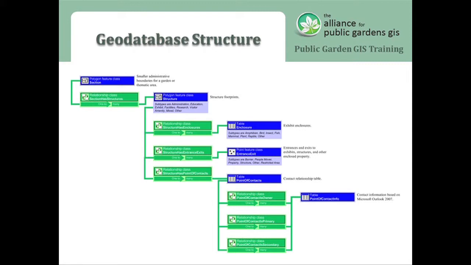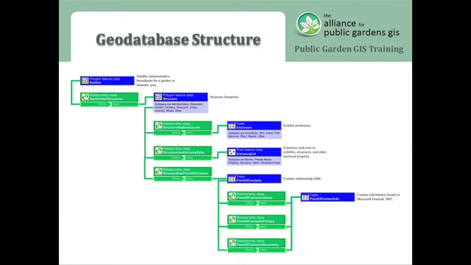In the case of a zoo, if it's an exhibit building, that's an exhibit subtype from the structure feature class, it may have multiple enclosures for each one of those animals in there. We're not actually drawing in those enclosures, because the GIS at this point is not concerned as much with where things are inside of a building, but more just with knowing that it exists.